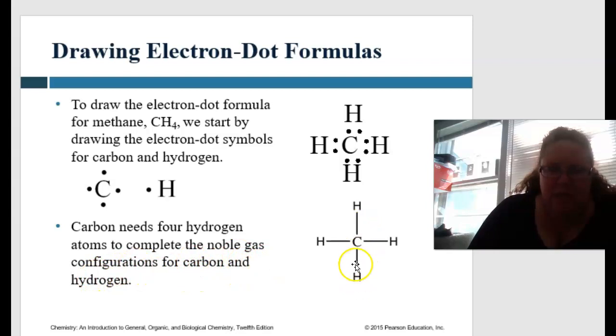That means we're going to have the 1, 2, 3, 4, because we have 4 by itself, and then that orbital is going to be 8. So 4, 5, 6, 7, 8 to be a happy camper. We have the 4 individuals from the carbon, and then the 1 additional from each hydrogen, and then that ends up being a straight 8, and like I said, a kind of a happy camper.